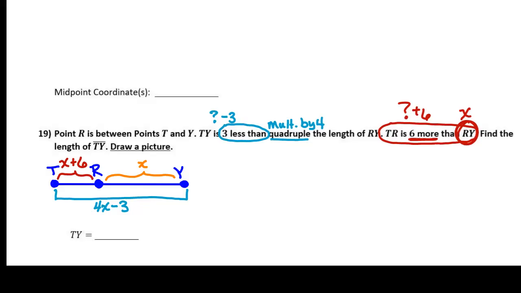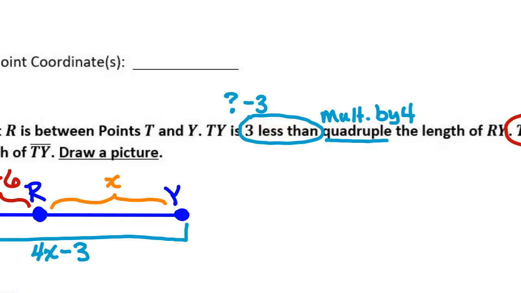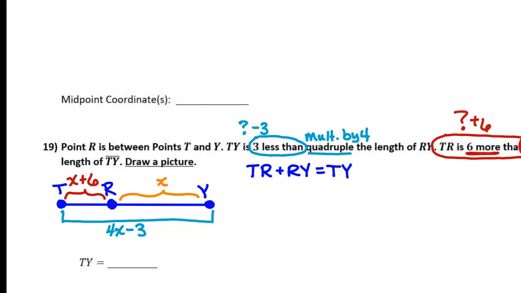There are 3 segments in the picture. What are the 2 little segments? TR and RY. TR plus RY equals, what's the name of the big segment? TY. And now we're going to substitute in what we've come up with.